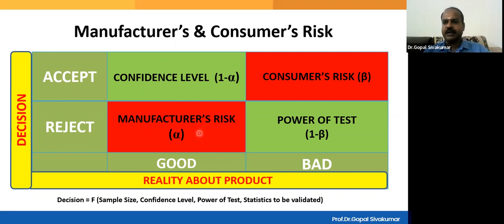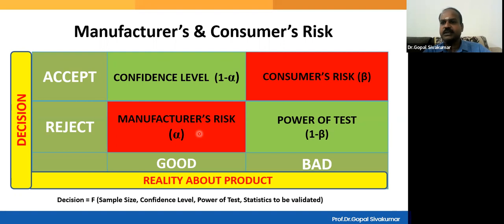So let us say the manufacturer risk is 5%. That means 5% of the time, what you observe in the sample and what you observe in the population can be different. Your sample says the product is bad, and so you rejected a lot.